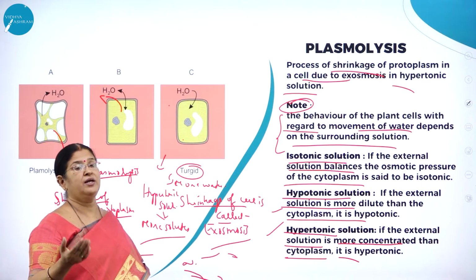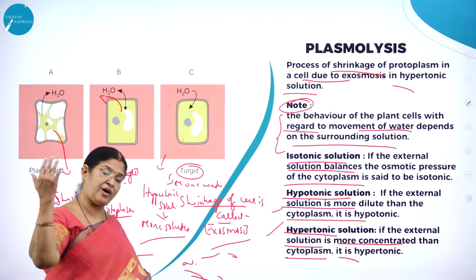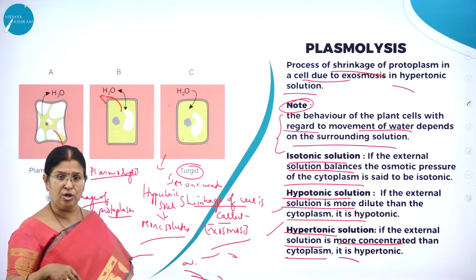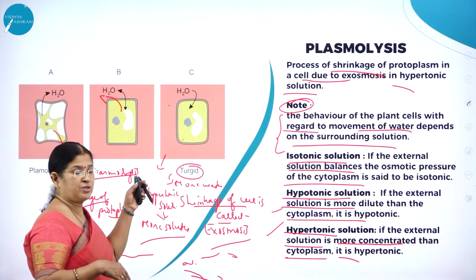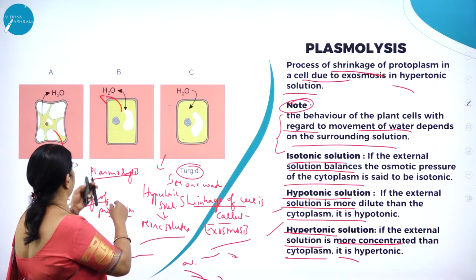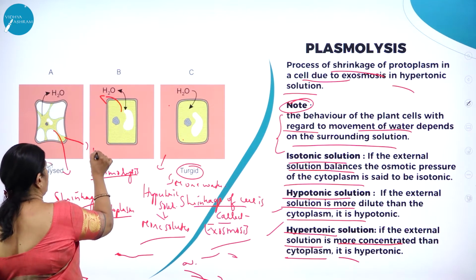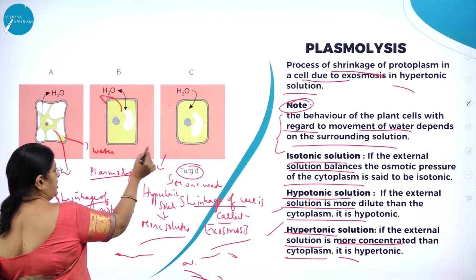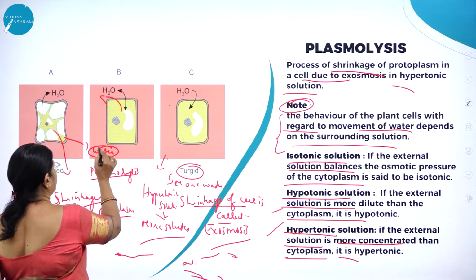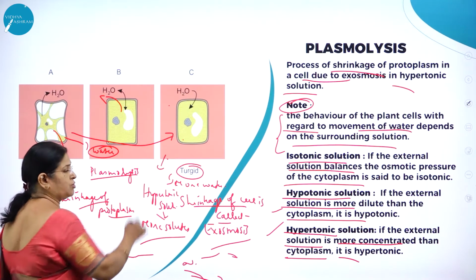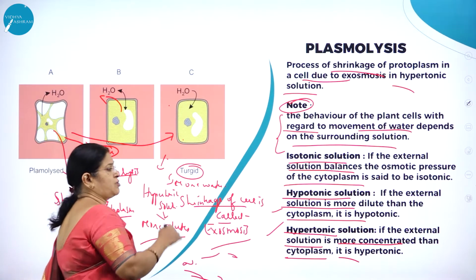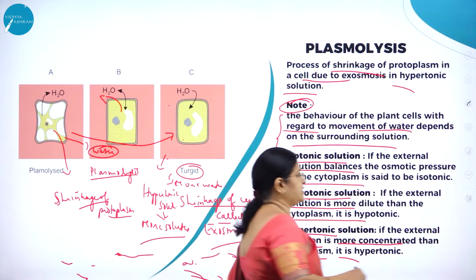This is the movement of molecules from a region of higher concentration to a region of lower concentration. And if you keep the same cell back in water instead of hypertonic solution, it will get back its original size, and that is called deplasmolysis.